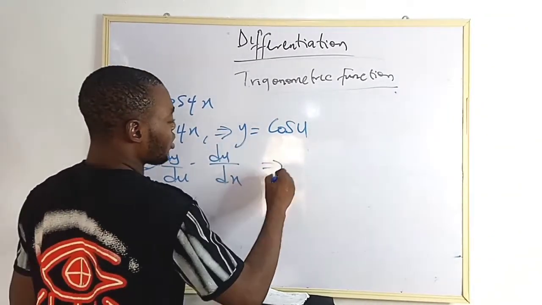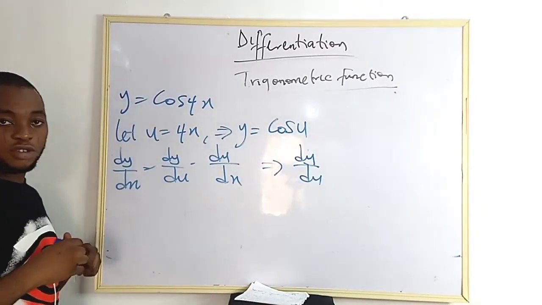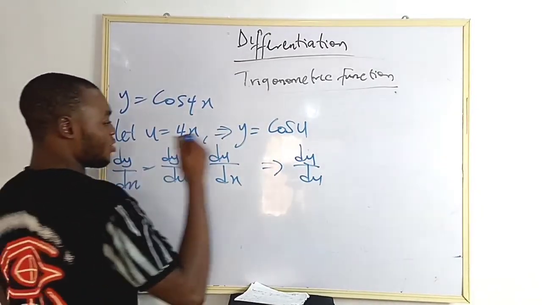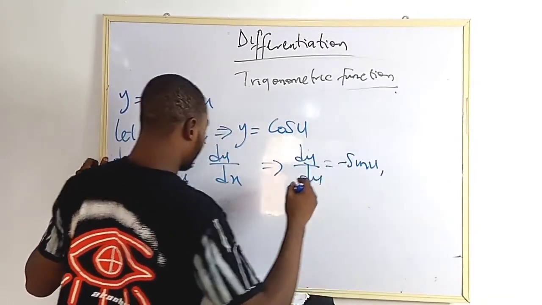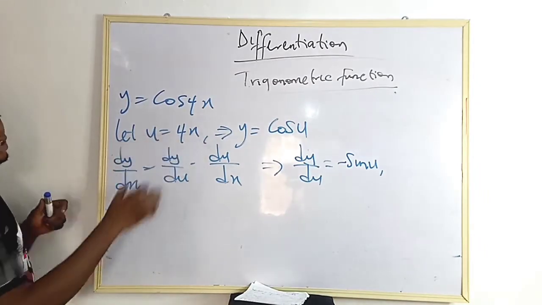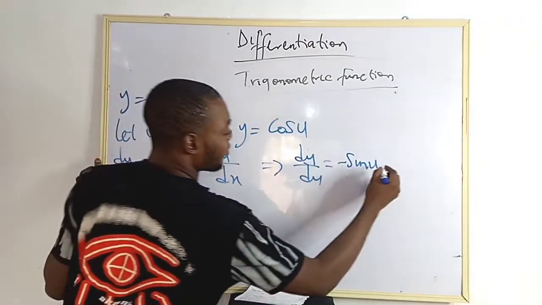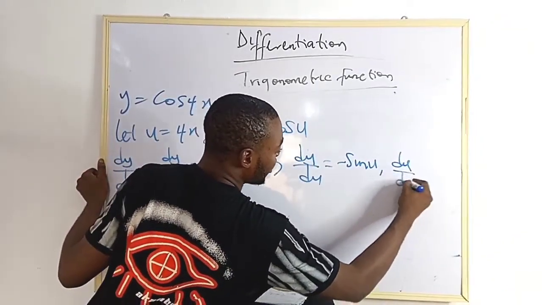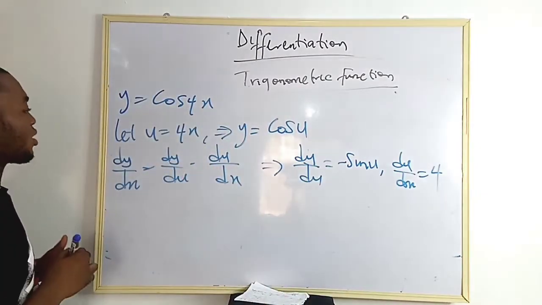So what's dy/du? The derivative of cos u is equal to minus sine u. Then du/dx: differentiate u with respect to x. The derivative of 4x is 4, because the derivative of x is 1, times 4.